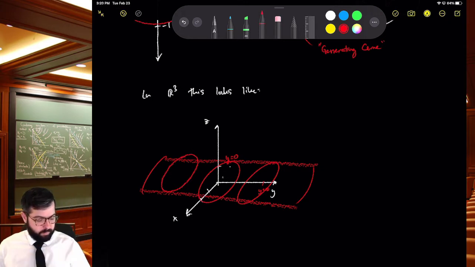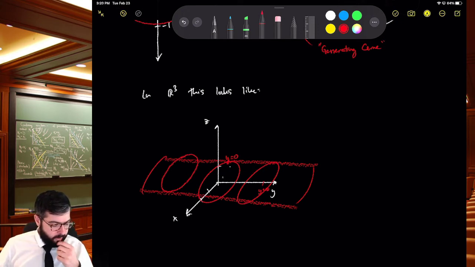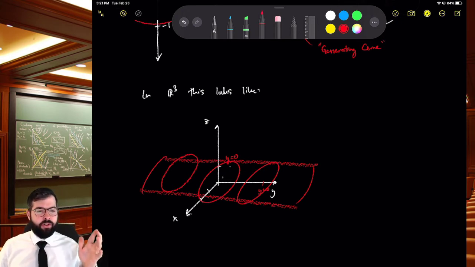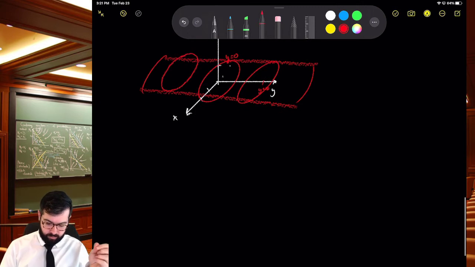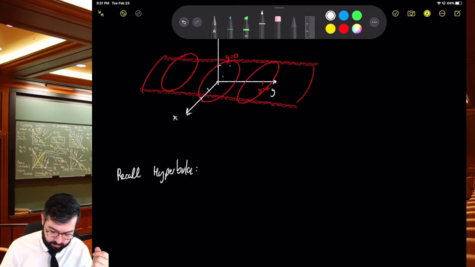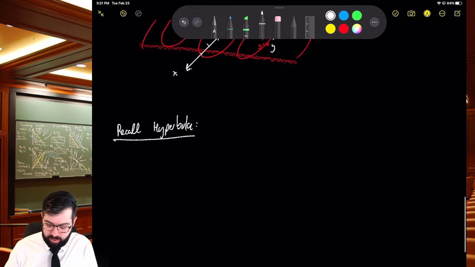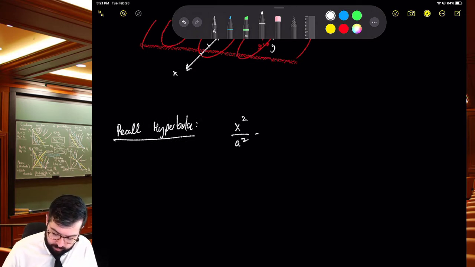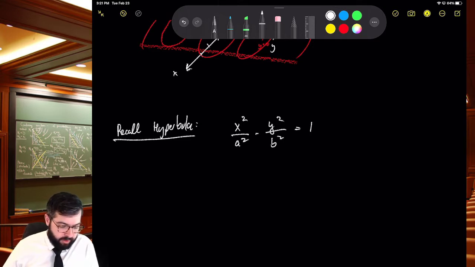So, this is going to generalize to other sorts of curves as well. If you recall the hyperbola, right? What was the hyperbola? Something of this form.